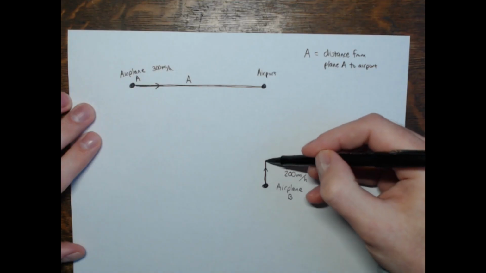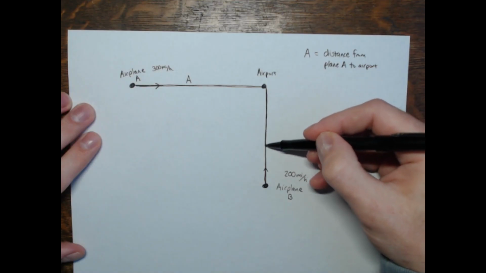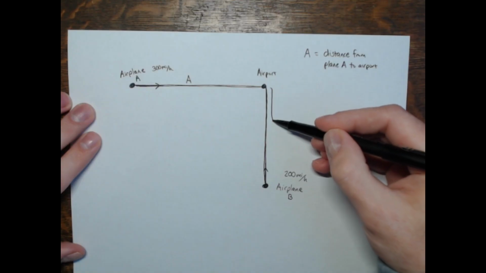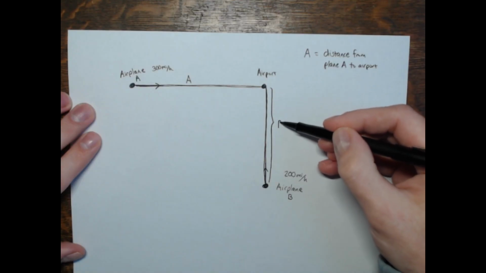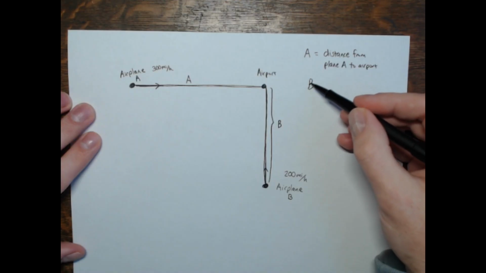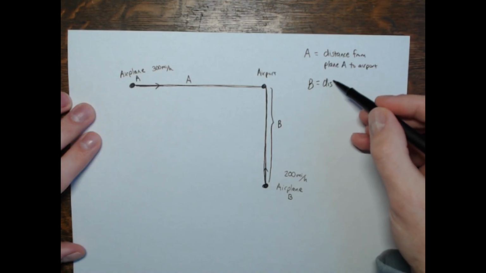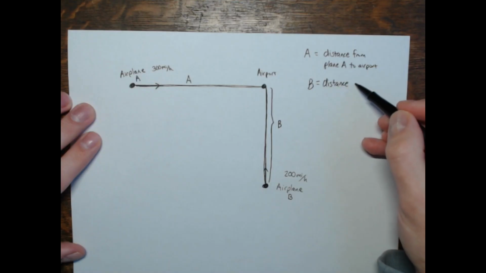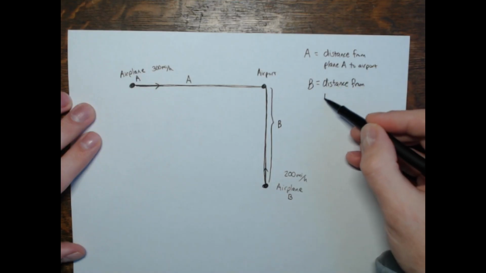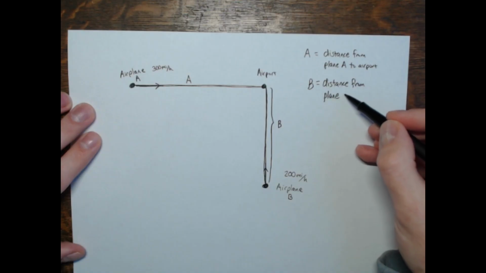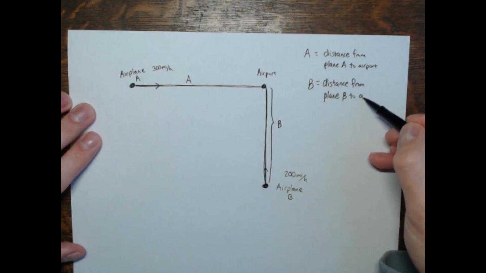And as time goes on, this distance will also change. I'm going to call this capital B, and this will be the distance from airplane B to the airport.